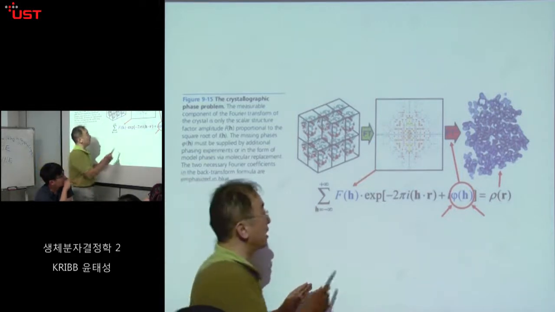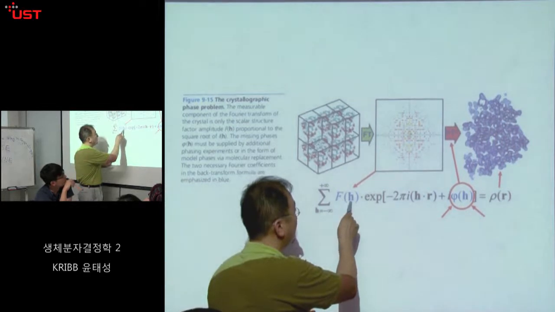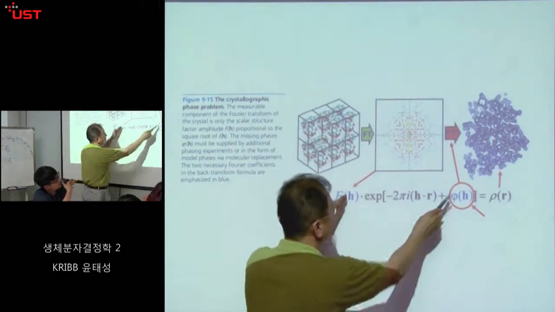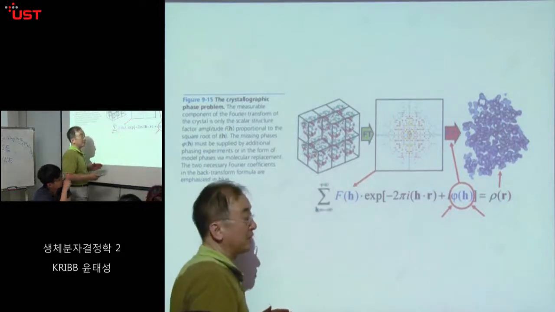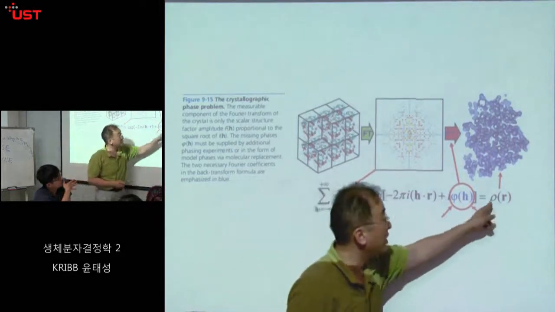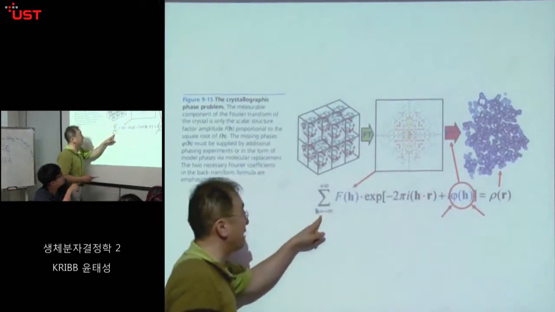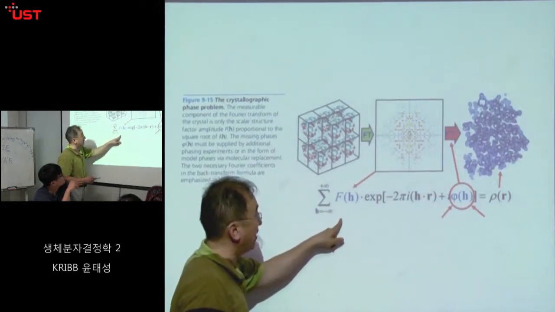So once we have data on each HKL, F data and phase angle data, we can plug numbers for computer. Then we should have electron density on grid, because these are for HKL.